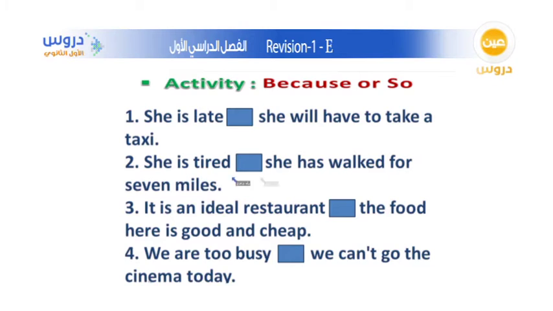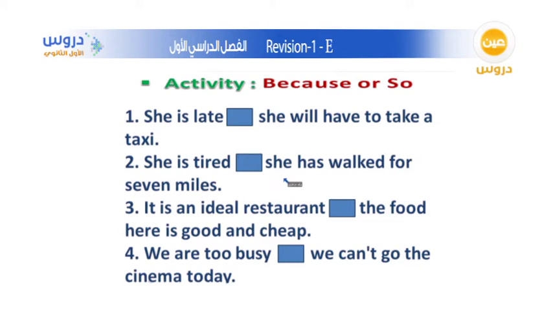We'll see. Number four, we are too busy. We can't go to the cinema today. So, this is your choice, and your choice also is so, Mr. Ahmed. And let's ask Mr. Computer to give us the answer.